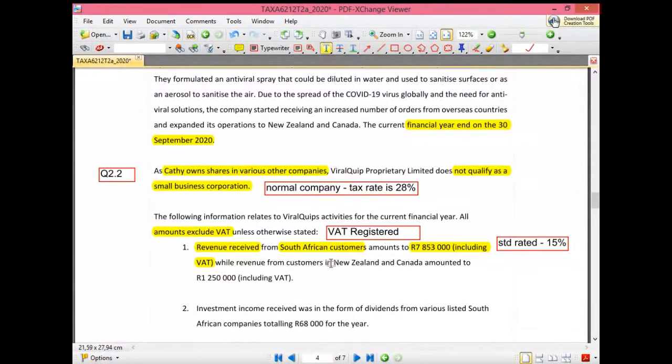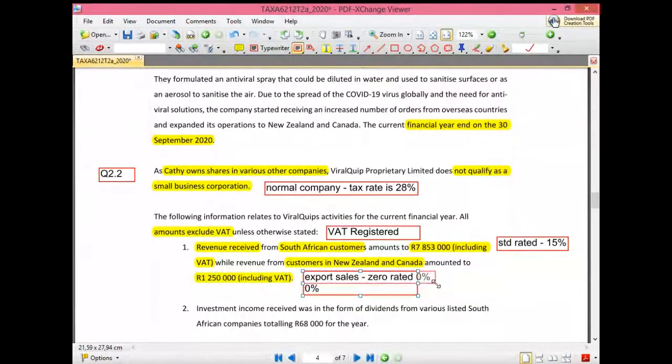So then they tell you revenue from customers in New Zealand and Canada was 1.25 million, including VAT. Now remember, export sales is zero rated. So that means 0% VAT.